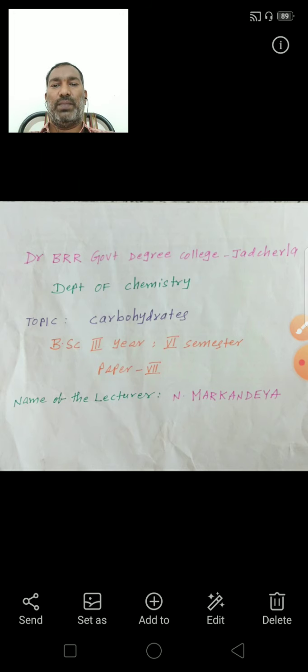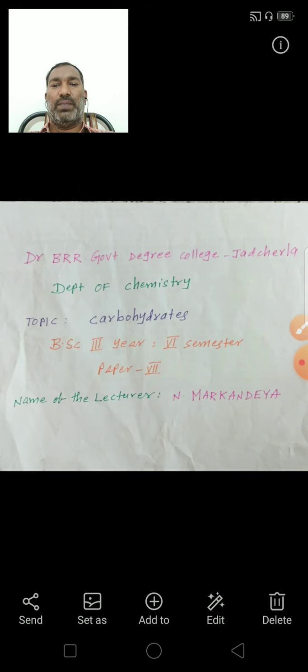Next, reduction. Glucose reduces Tollens reagent to silver mirror and Fehling's reagent to red cuprous oxide. This indicates the presence of an aldehyde group in glucose.